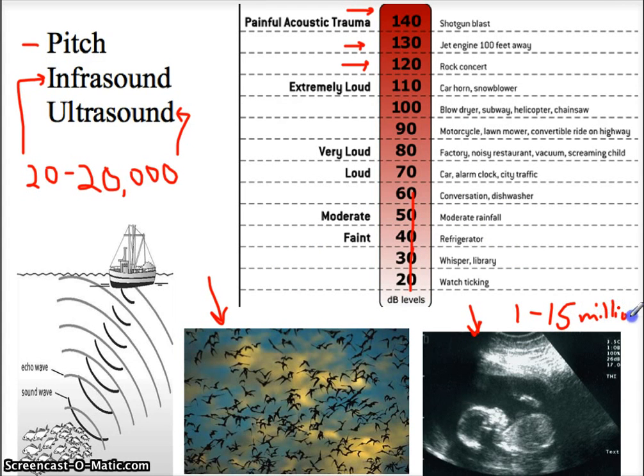But the reason they use that incredibly high frequency is because the wavelength must be smaller than the smallest details. So if you're trying to find little details like noses and fingers and toes, you have to really have a high frequency. Let's go to another slide.